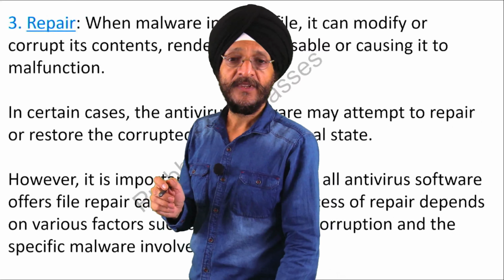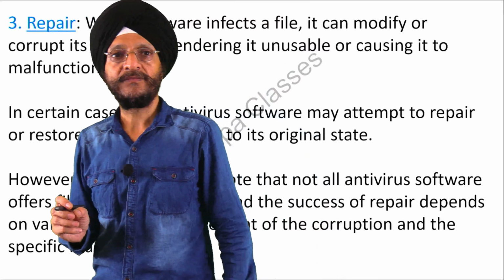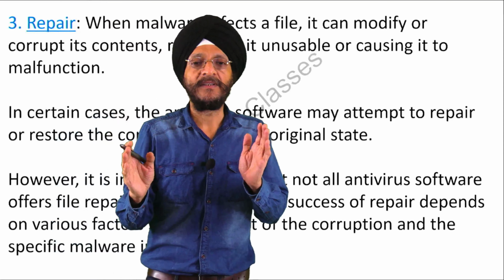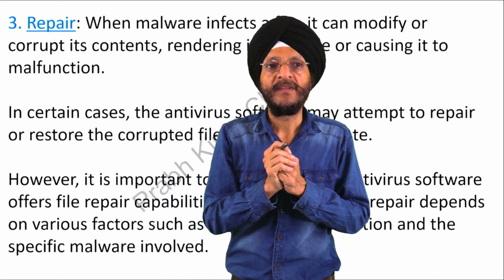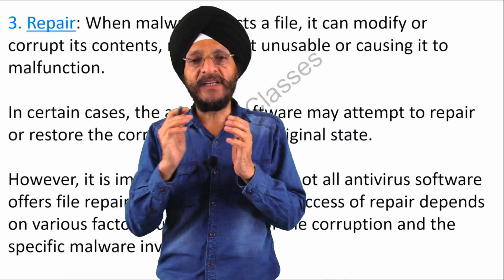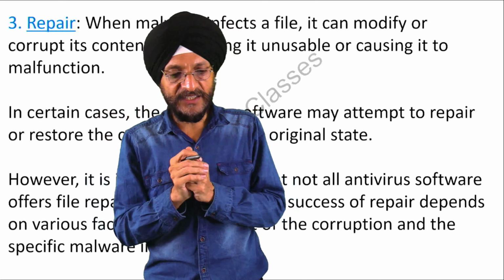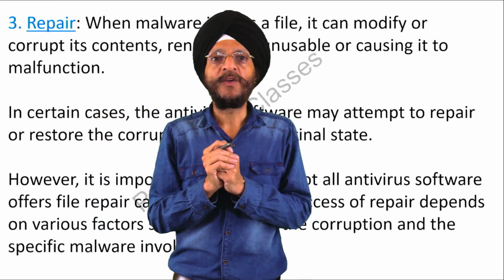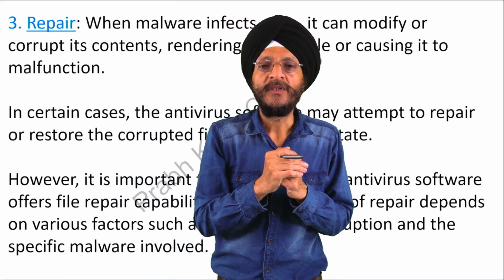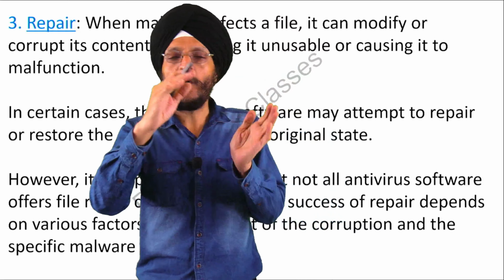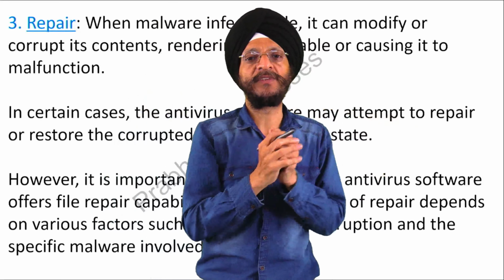Next point is repair. When the malware infects a file, there are chances that the malware may have modified the file or corrupted some of the contents of the file.